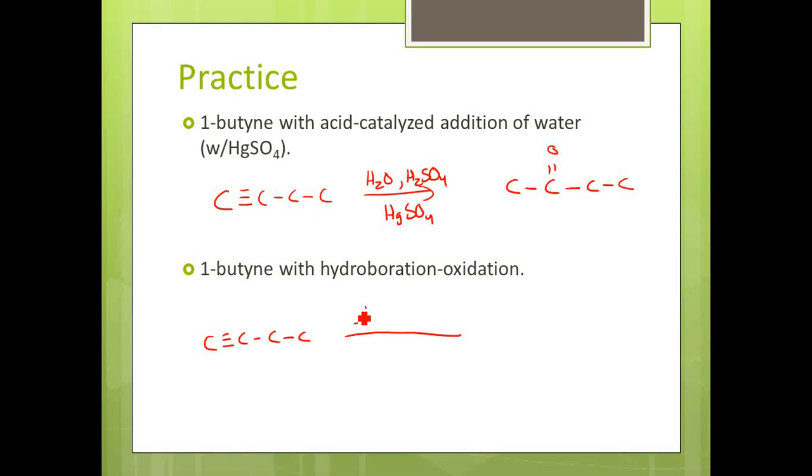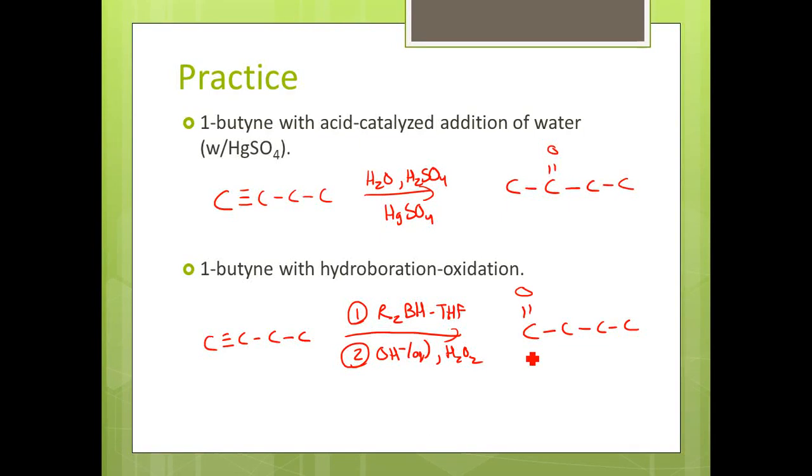Now, the next one, it's still that 1-butyne, but now we want to do hydroboration-oxidation. So I have to add to my line because this is a two-step process. My first step is R2BH.THF, and I'm always going to follow that up with step 2, which is aqueous hydroxide and hydrogen peroxide.